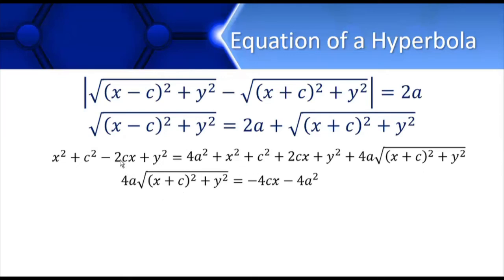Then, yung negative 2cx at positive 2cx ay magiging negative 4cx. At yung 4a square, syempre pag dinala natin sa kaliwa ay magiging negative 4a square. Okay? So, na-simplify natin. Natanggal na yung mga same term, left and right.